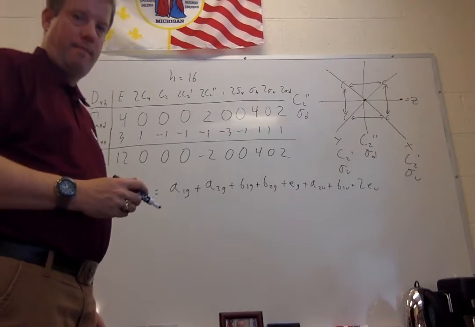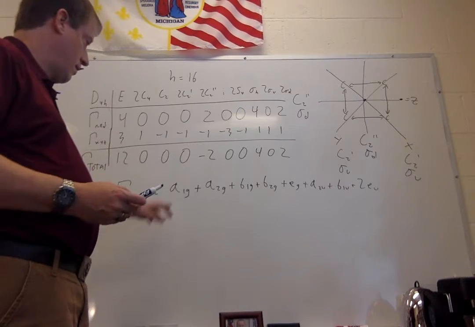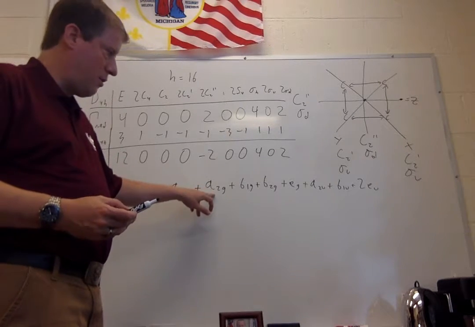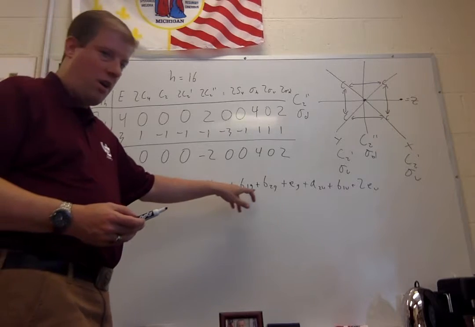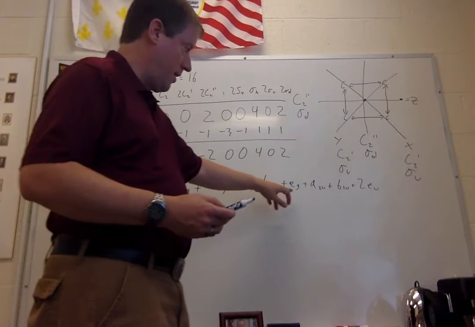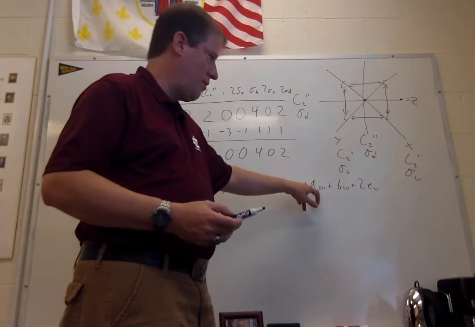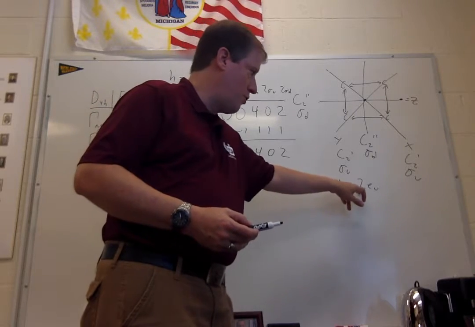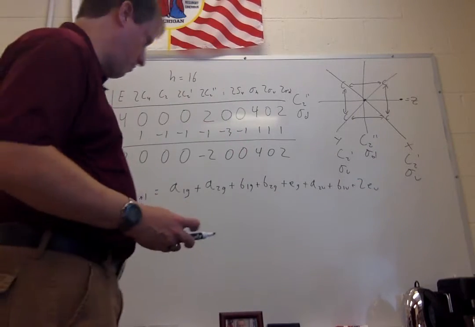See what I mean? A lot more stuff. A1G, A2G, B1G, B2G, EG, A2U, B1U, 2 EU.